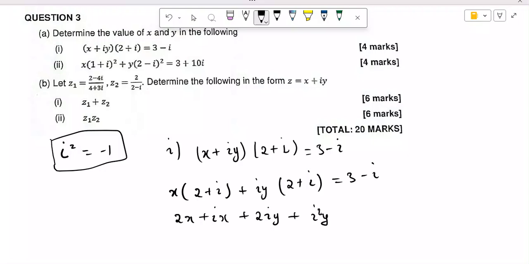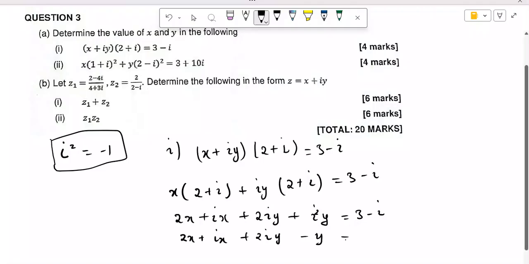So this is i squared, equal to 3 minus i. So let's further simplify. You have 2x plus ix plus 2iy. i squared is -1, so -1 by y will be just -y, equals 3 minus i.